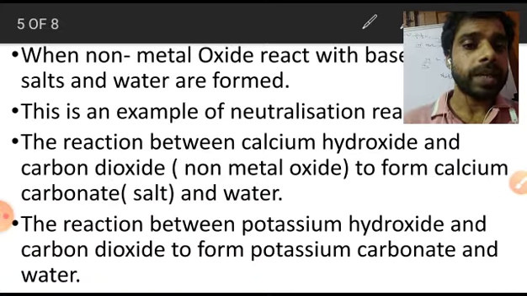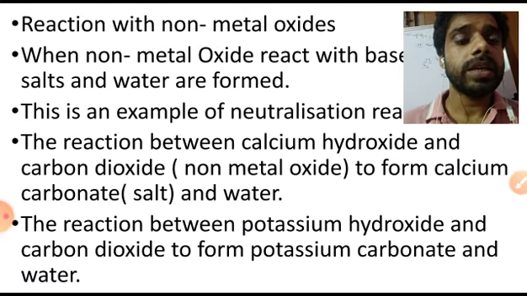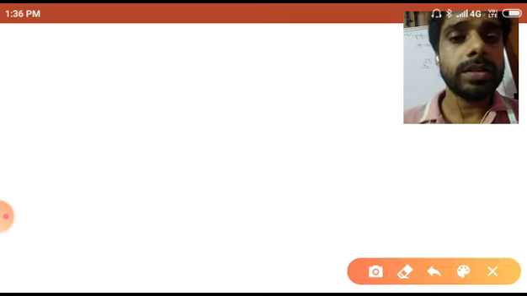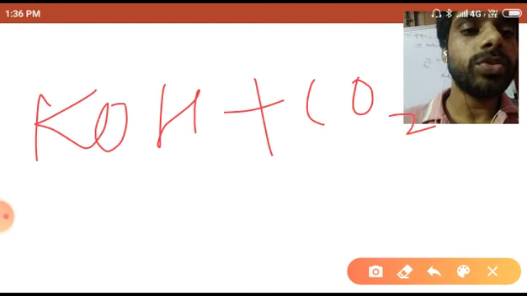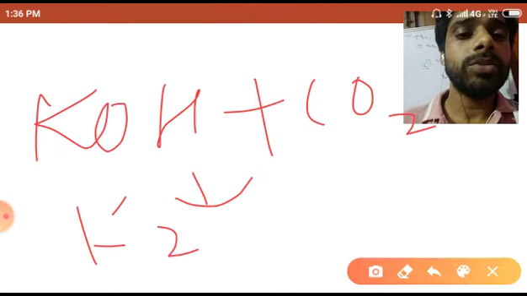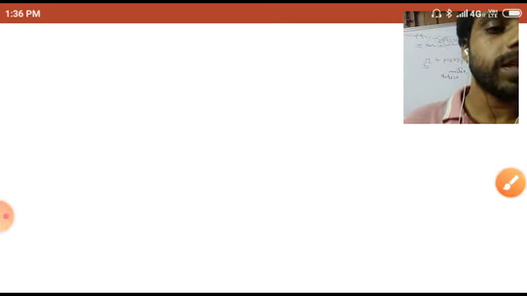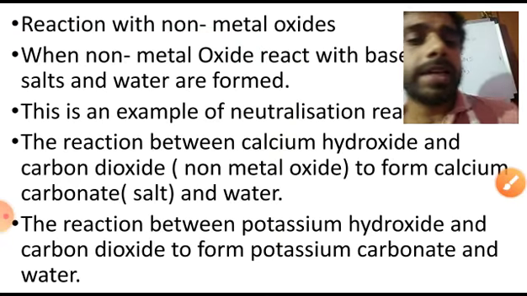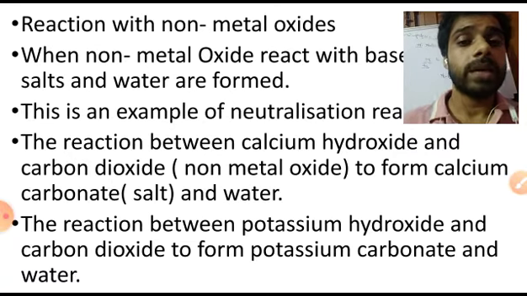Now next, the reaction between potassium hydroxide and carbon dioxide. Dear student, here you can see the reaction between potassium hydroxide and CO2. What will it form? K2CO3 plus H2O. Now you can balance it by yourself, dear student. So this is the reaction between potassium hydroxide and carbon dioxide to form potassium carbonate and water.